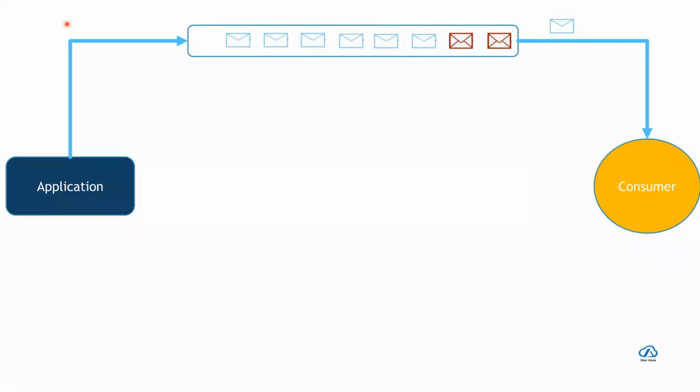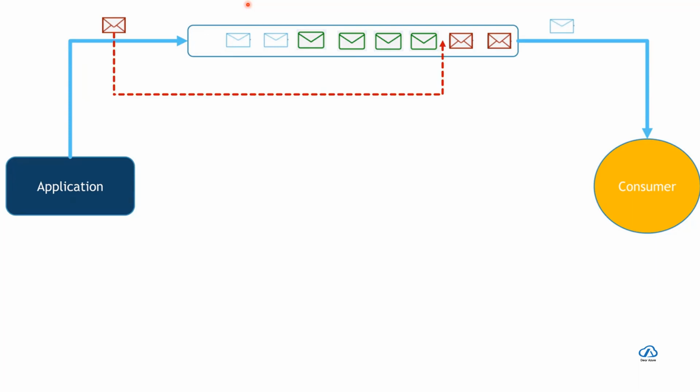We assign a priority to these messages, so they are placed at the top of the queue and the consumer can process them straight away, followed by the medium and then the low priority messages. When another high priority message comes in, it's placed at the top of the queue, so the consumer processes it before other lower priority messages already in the queue. And this is the core concept of this pattern.